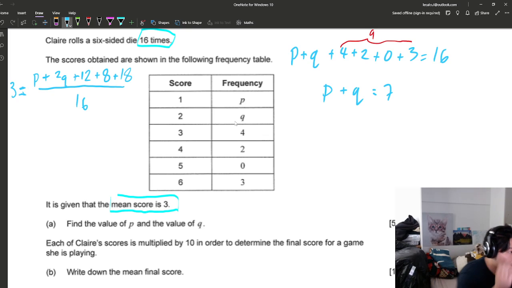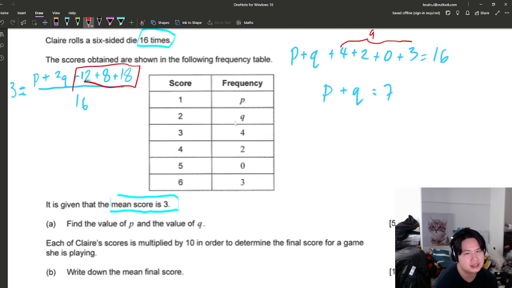Okay. And then let's simplify this and make it look a little bit nicer. What is this? This is 38, right? And then we're going to multiply the 16 with the 3. So then we'll have P plus 2Q plus 38 is 48.